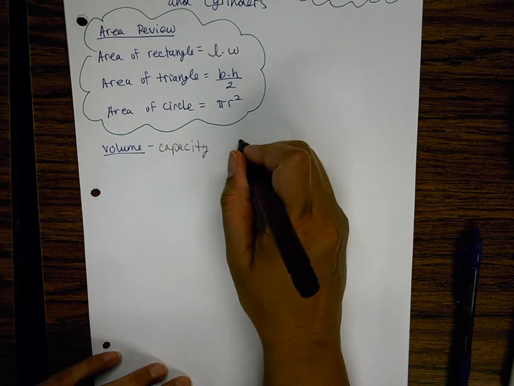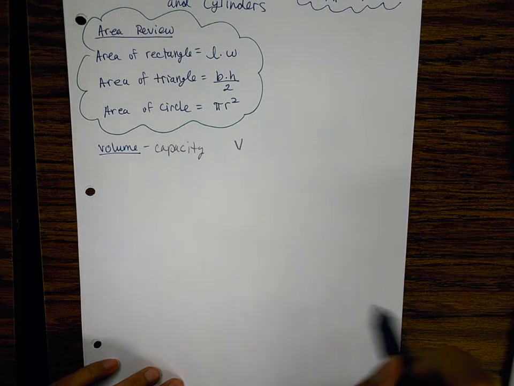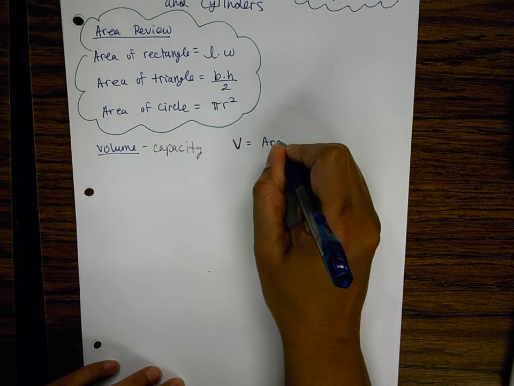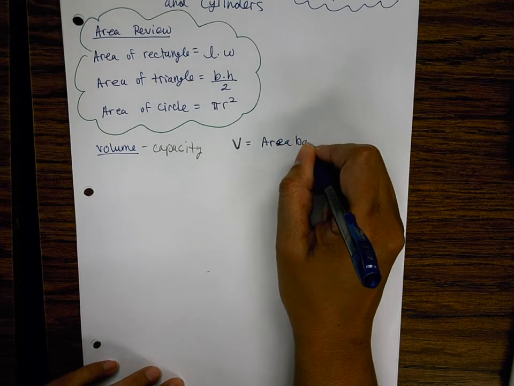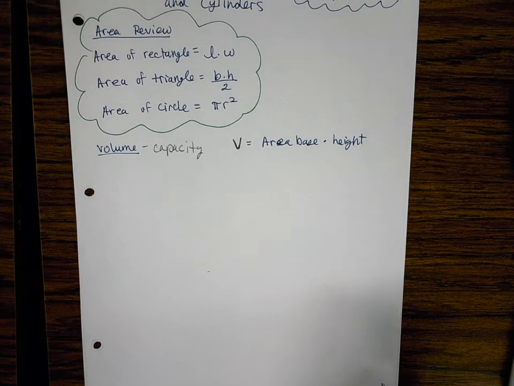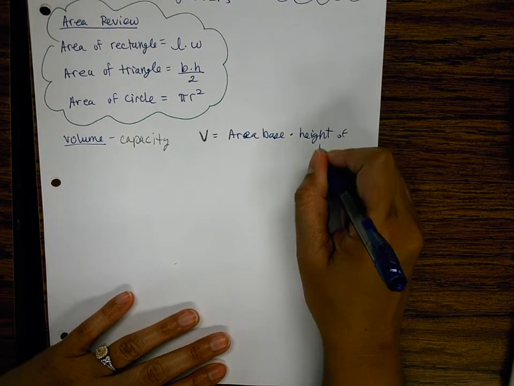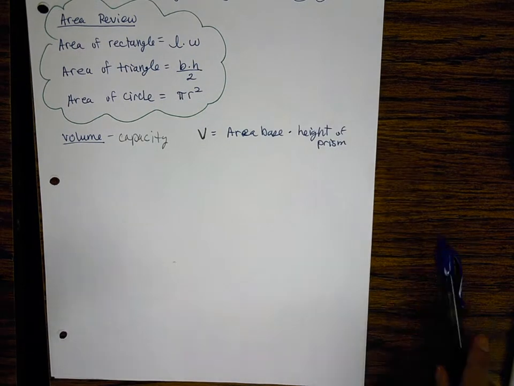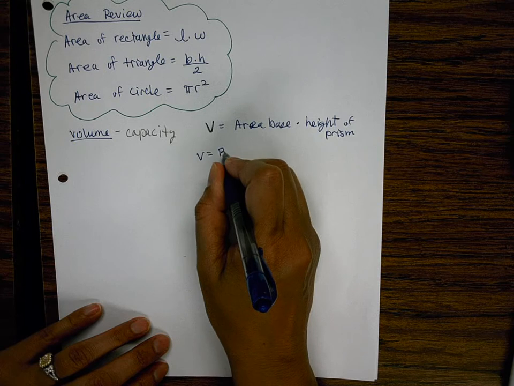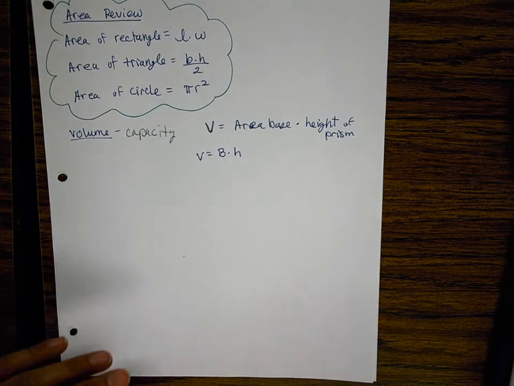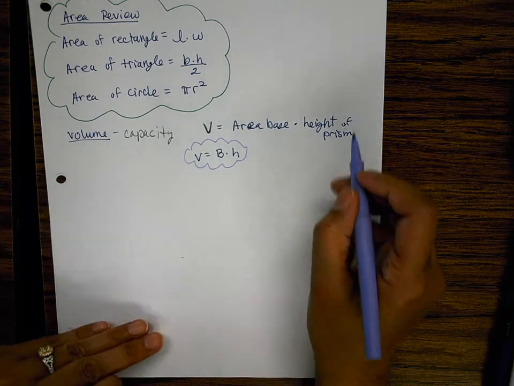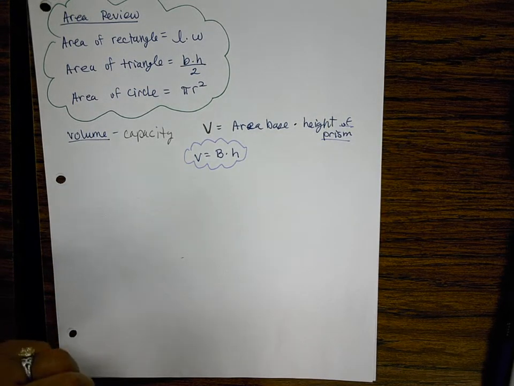Okay, and the formula for volume is area of the base times the height of the prism. We're going to write it like this from now on, big B times H. You will need to remember that big B stands for area of the base, and H stands for not just height, but height of the prism.